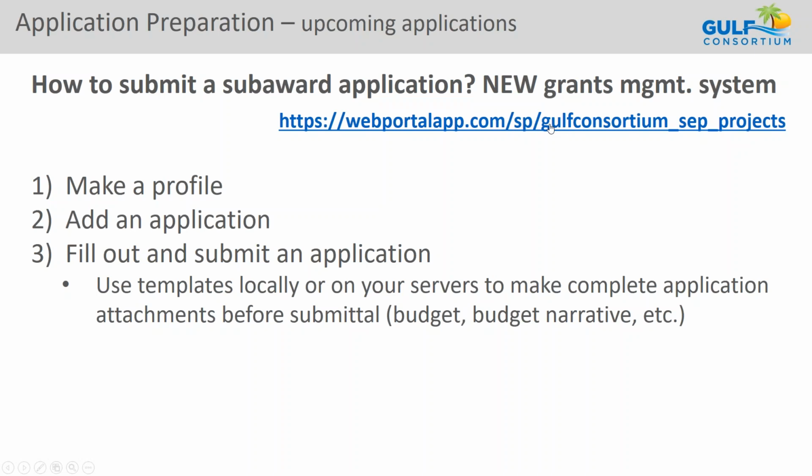If you want to have 2 or 3 people sharing this login, please be cautious about the security there, but that's what you need to do to be able to see applications coming from different people at your county.